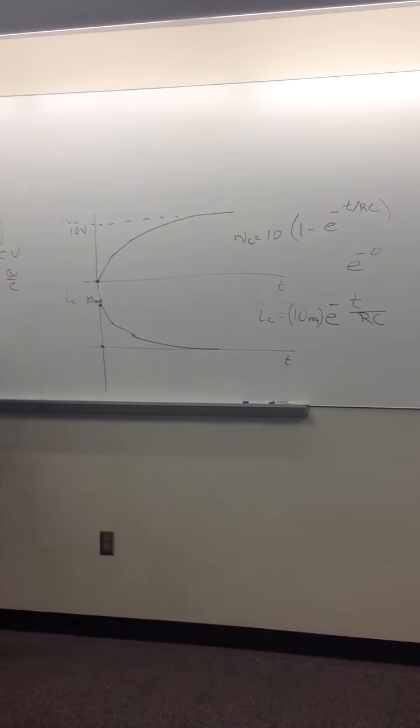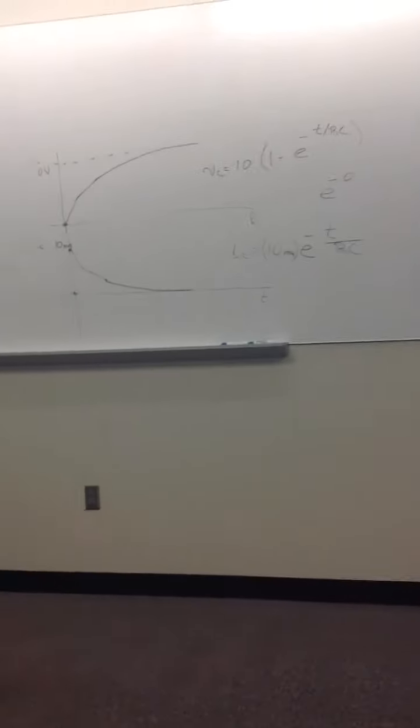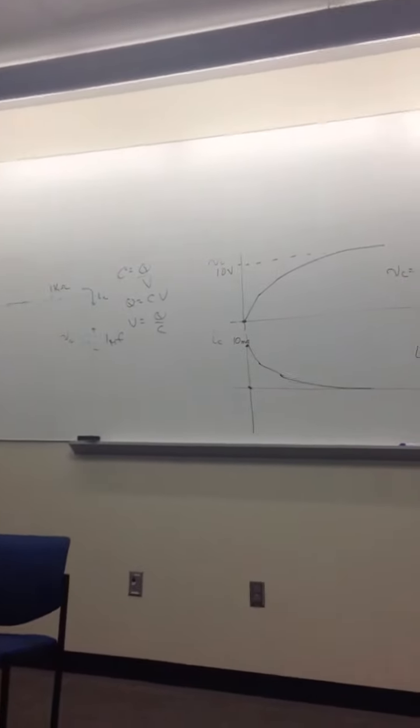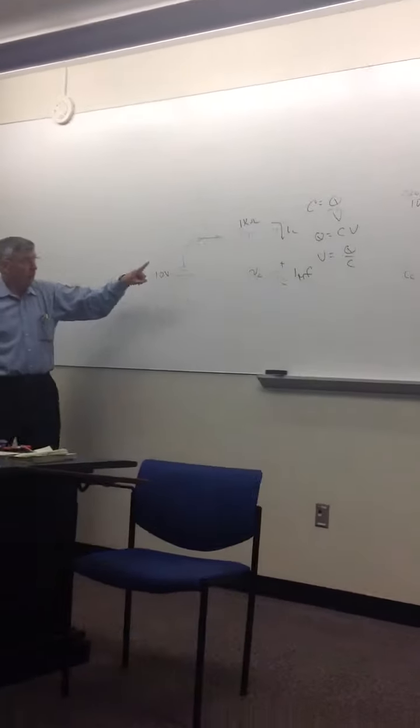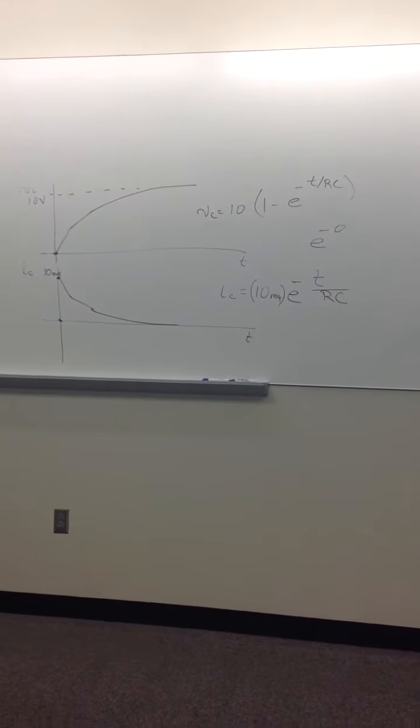So the scale factor is 10, so it's going to be 10 volts times 1 minus e to the minus t over RC. And that 10 volts is just given. It's whatever this battery is, because that'd be the value at an infinite time.